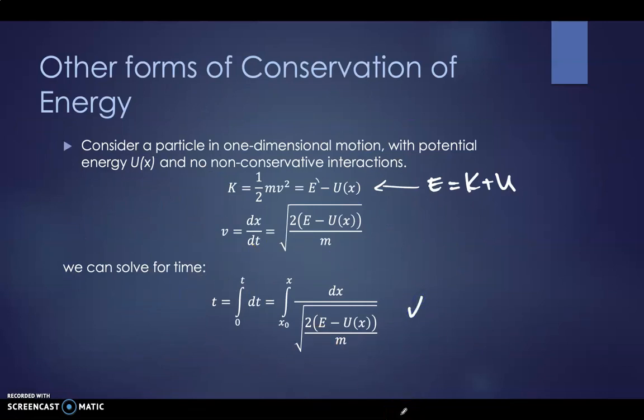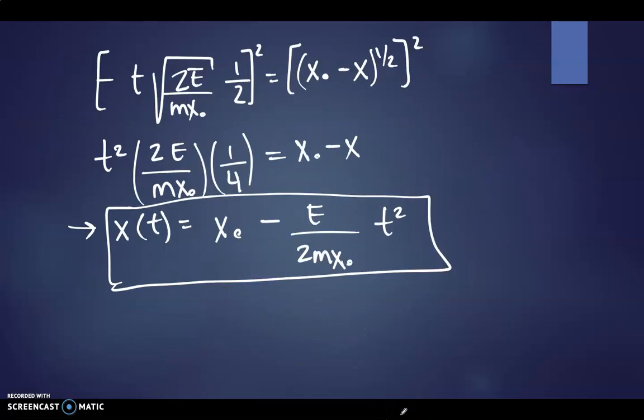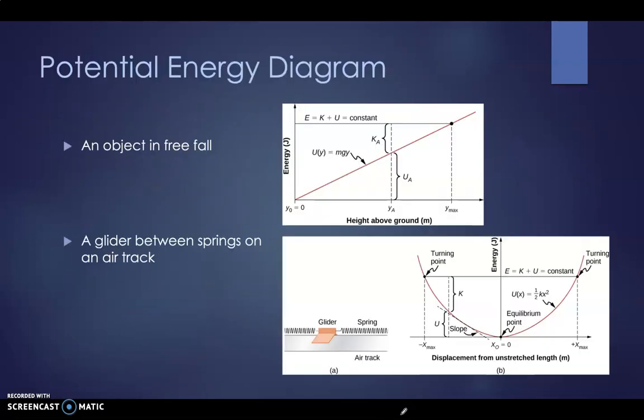All right, so let's go ahead and move on to potential energy diagrams. These are a couple of examples I wanted to show you. So we have this one, which is an object in free fall. We've got energy versus the height above ground.